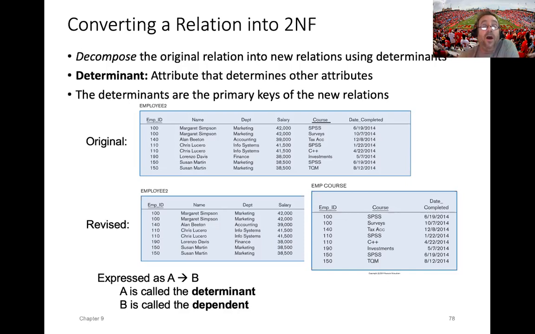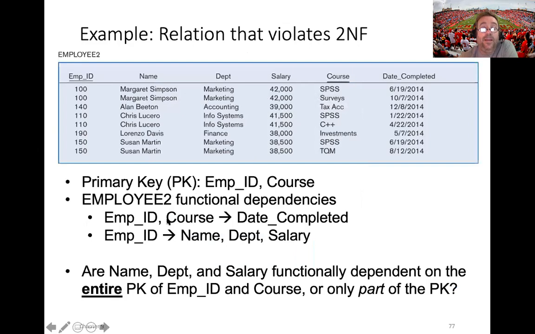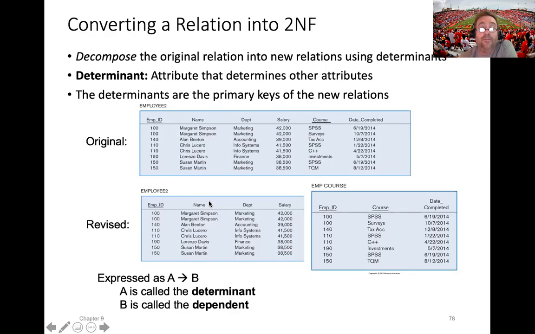Instead of having employee-2 as our relation that is not in 2NF, to get our relations into 2NF, we would break this out from employee-2 into employee-2 and emp_course. We know that emp_id and course needs to functionally determine date completed. So we have that.